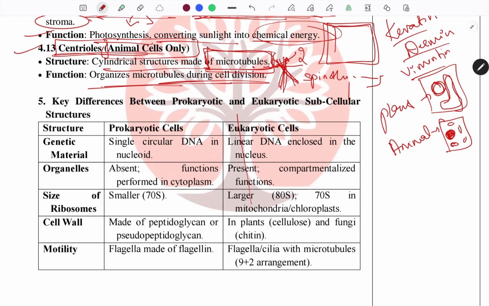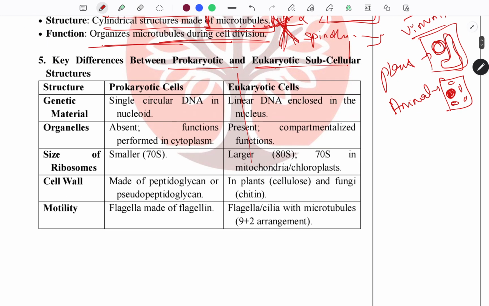Now we will see the key differences between prokaryotic and eukaryotic subcellular structures. It is like a glance, a recap, we are just trying to remember what we discussed before. If you are talking about the genetic material, in prokaryotic cells it is a single circular DNA, but in a eukaryotic cell it is a linear DNA, not a circular DNA.